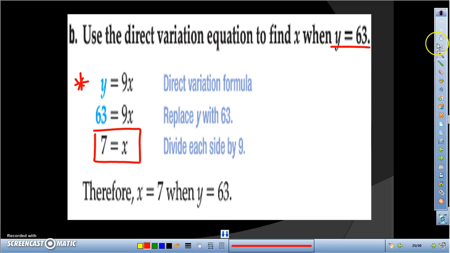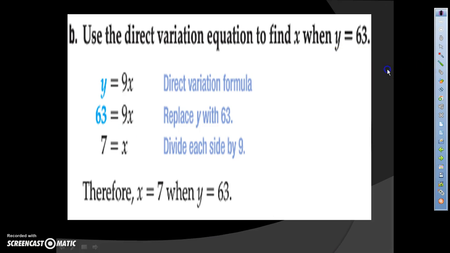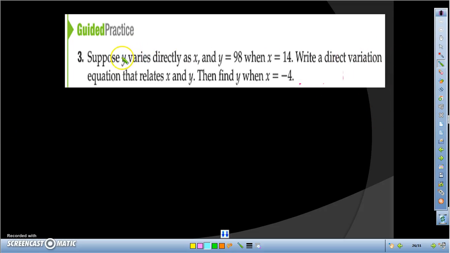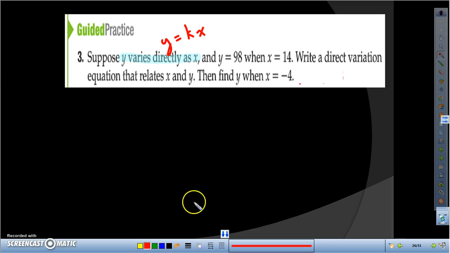So let's do another one of these together. There's that phrase that I'm looking for, y varies directly as x. As soon as I see that, I'm thinking, all right, I've got a direct variation. Then I have y and x defined, and the first thing I'm doing here is to write a direct variation equation that relates x and y.